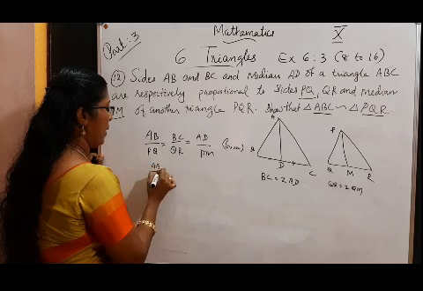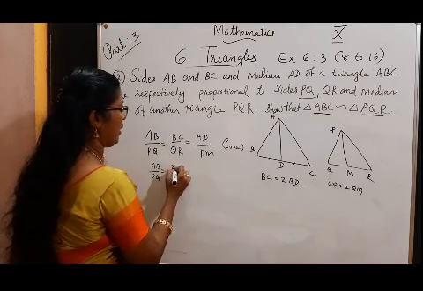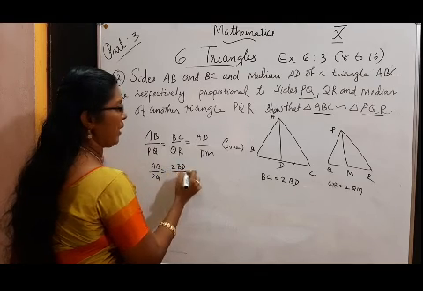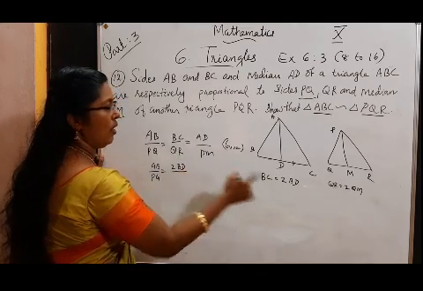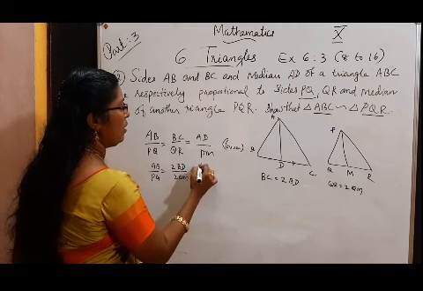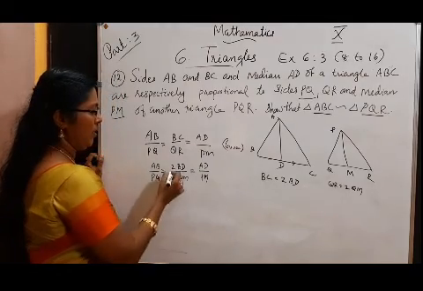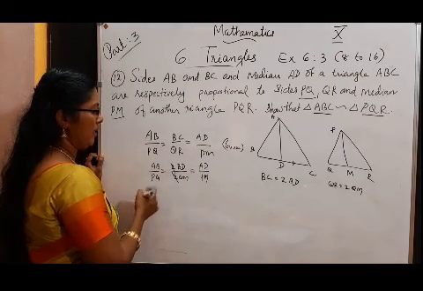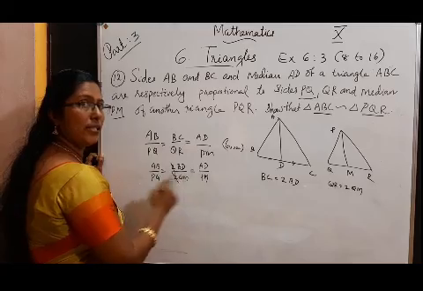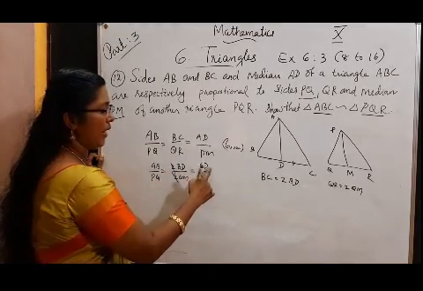AB by PQ equals, instead of BC, 2BD by 2QM equals AD by PM. Here the 2 cancels. These three sides are proportional. AB by PQ equals BD by QM equals AD by PM.